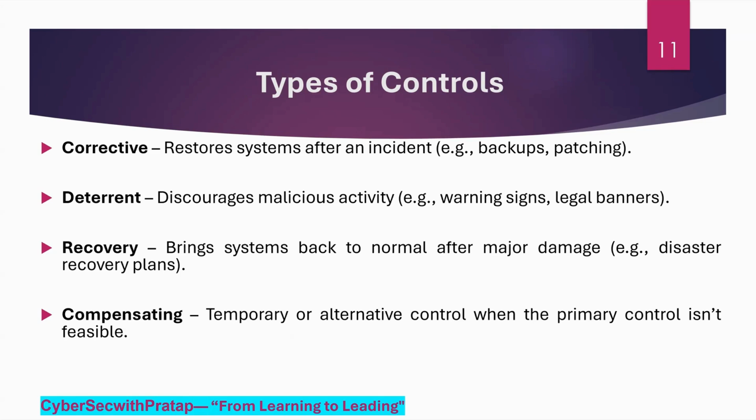And compensatory control: when one control is not enough, then we put another control for it, right? Simply, you have a login, user ID and password. But we add MFA or two-factor authentication, like OTP and other things. So you can say that it is defense in depth also. Multiple levels of controls we are putting there.